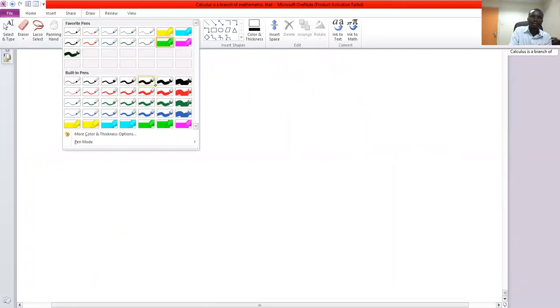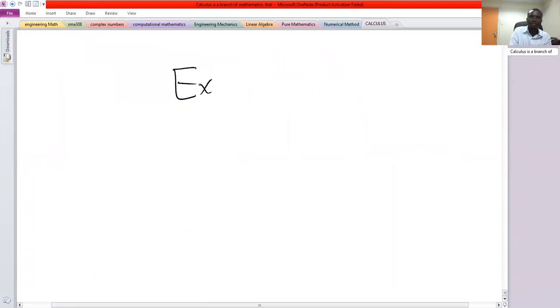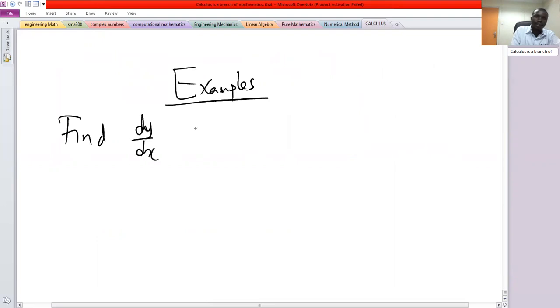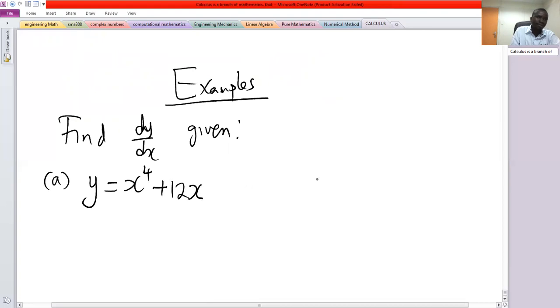So, examples. Find dy/dx given: a, y is x to the power 4 plus 12x.